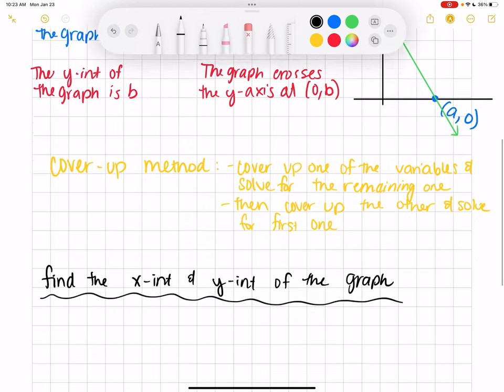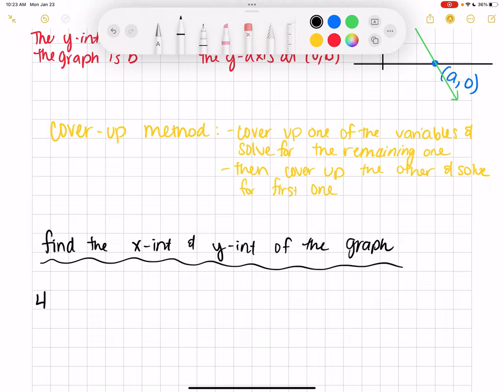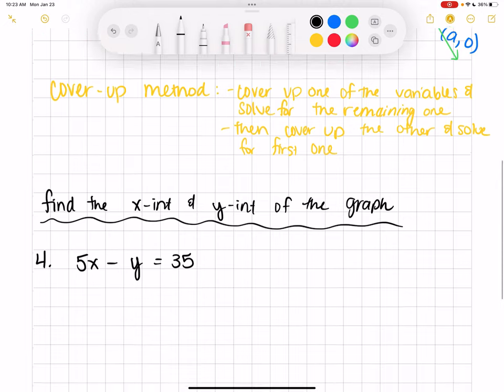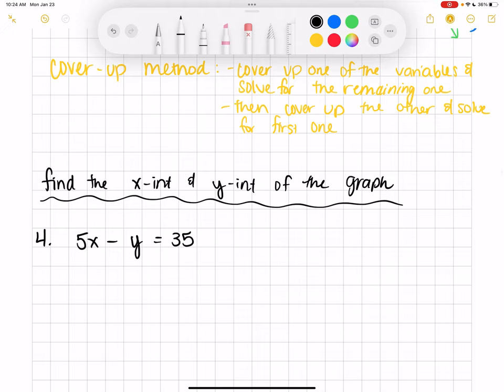So number 4, we have 5x minus y is equal to 35. It wants us to find the x-intercept first. If I want to find the x-intercept, I'm covering up the y value, okay, is my cover-up method.